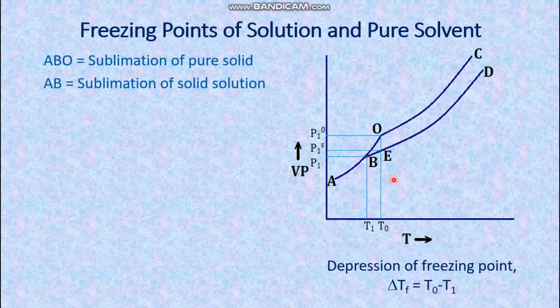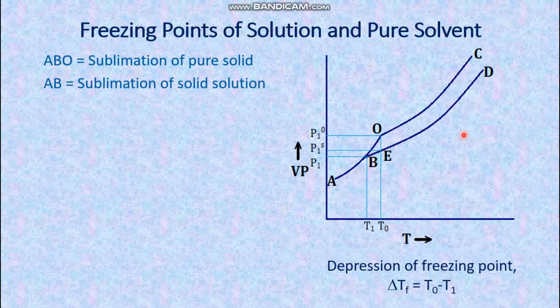But the interesting fact is that the solution, when it becomes a solid, freezes before this temperature, T0. T0 is actually the freezing temperature or the melting temperature of the pure solvent. This is O, the melting point, and the corresponding temperature is T0.